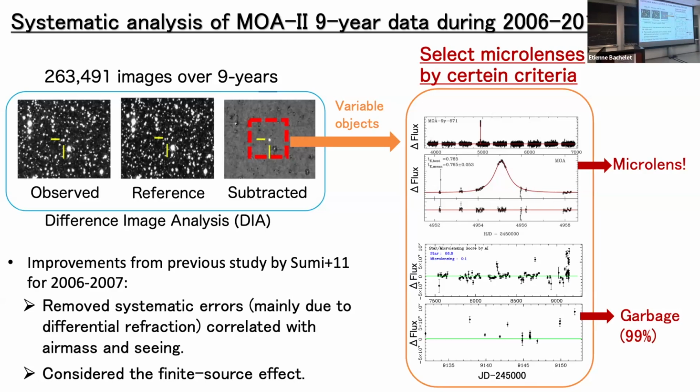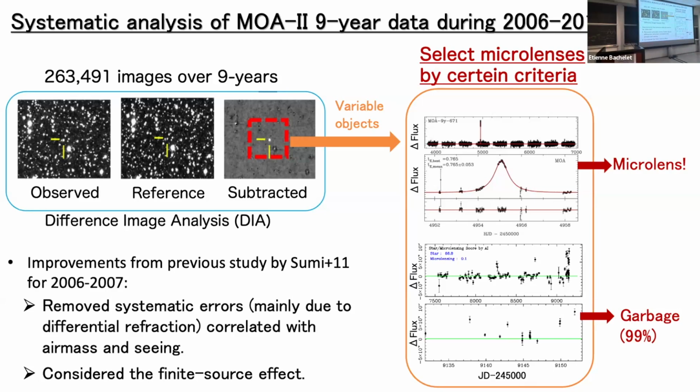From the light curves, we selected microlensing events based on certain criteria. Actually, there was a previous study by Sumi et al. 2011 for just 2 years, from 2006 to 2007. And there are several improvements from the previous study.